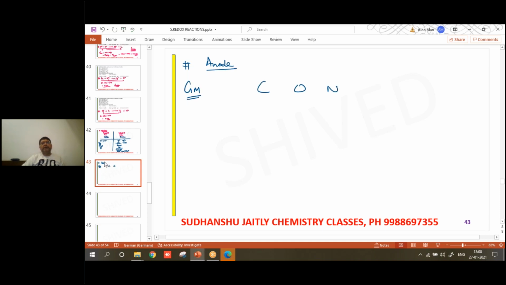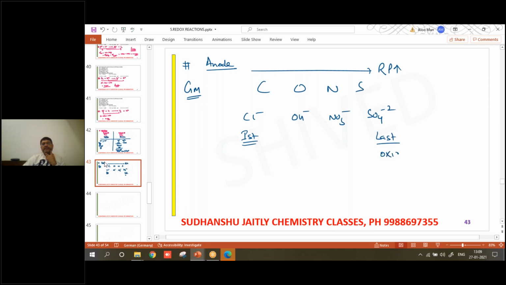एक word ही रखना, bonds, right? Chloride, OH negative, nitrate, sulfate. This will be oxidized first, and this will be oxidized last.